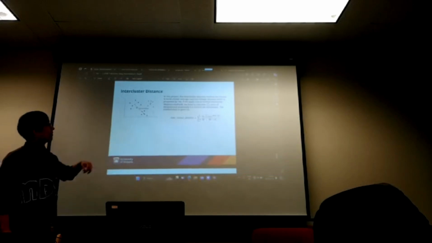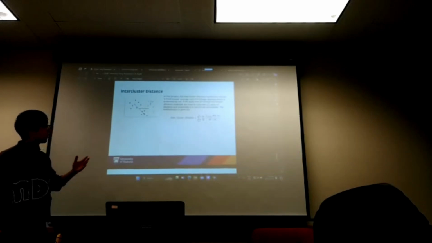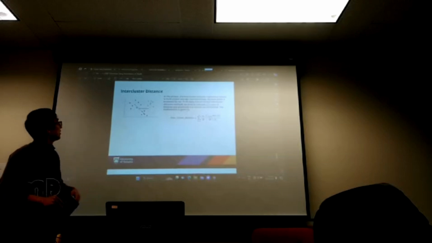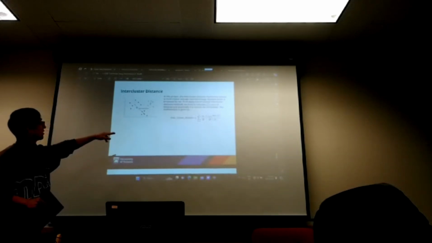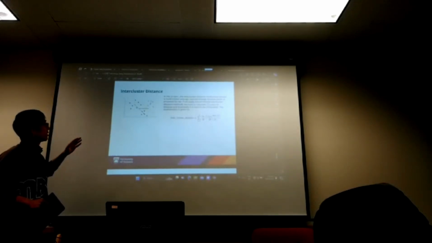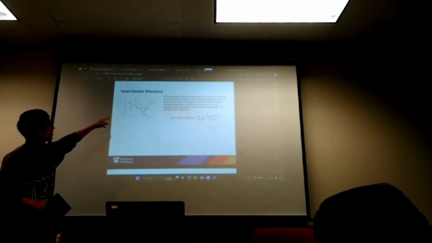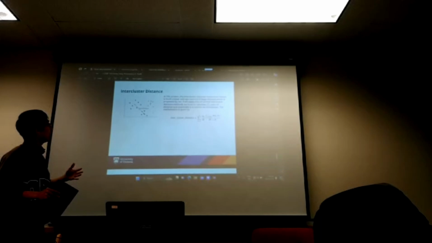My method is much simpler, and it's also reasonable. In my method, we first need to get all the centroids of the clusters. If we have 7 clusters, we need to calculate the 7 centroids.